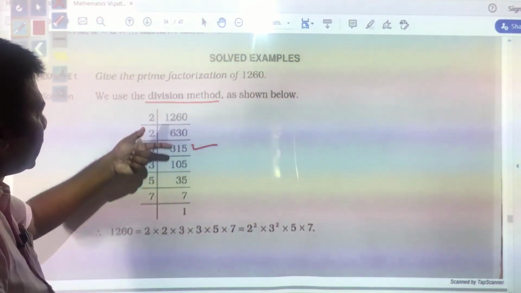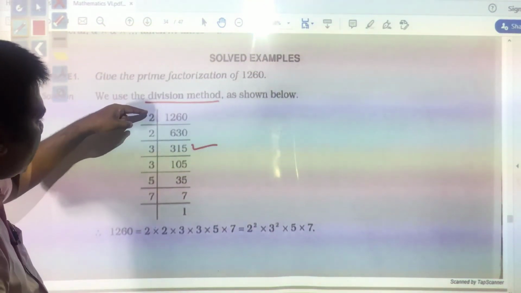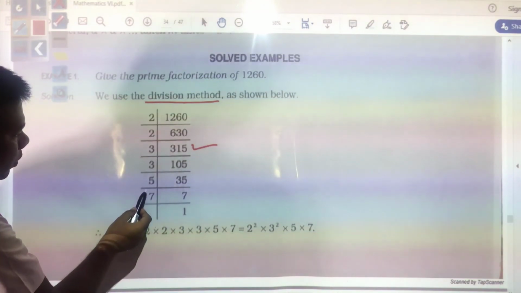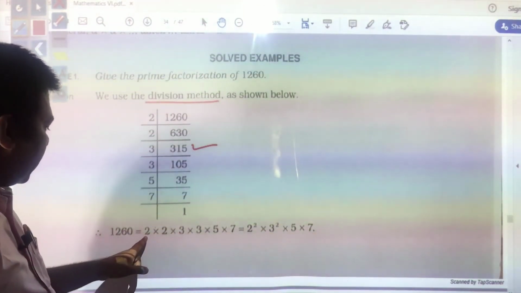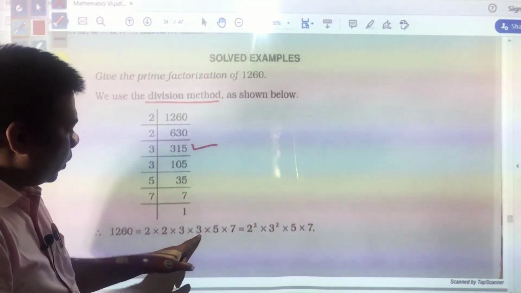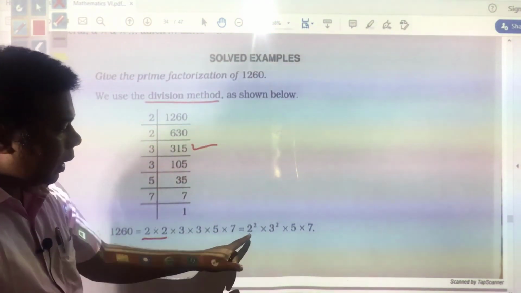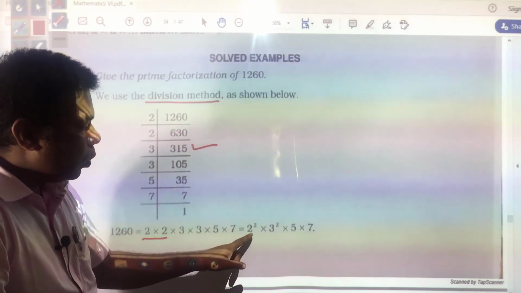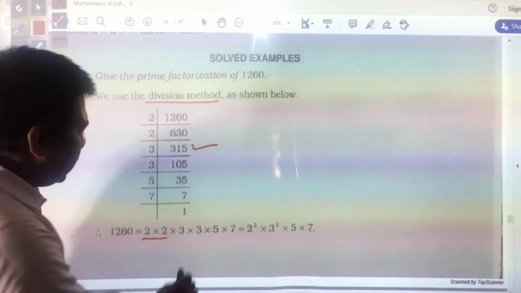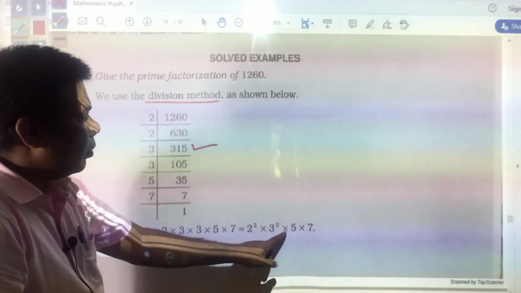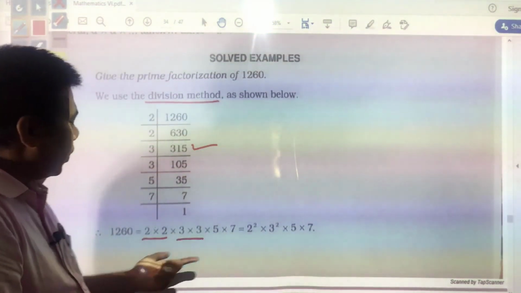Now this 1260 can be expressed as the product of these primes: 2 into 2 into 3 into 3 into 5 into 7. These 2 into 2 can be written as 2 square or 2 to the power 2, 3 square or 3 to the power 2, and 5 into 7. So this will be your answer.